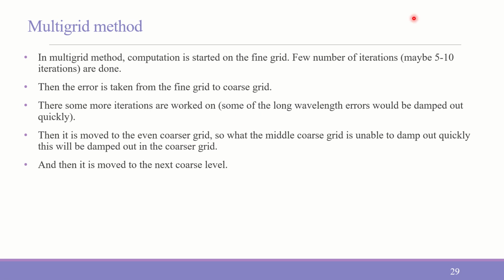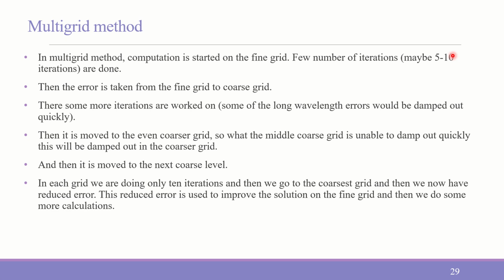Then it is moved to a further coarser grid and finally the coarsest grid, wherein we will be damping out all the errors. In each grid we are doing only 10 iterations, and then we go to the coarsest grid. Now we have reduced error. This reduced error is used to improve the solution on the fine grid, and we do some more calculation.